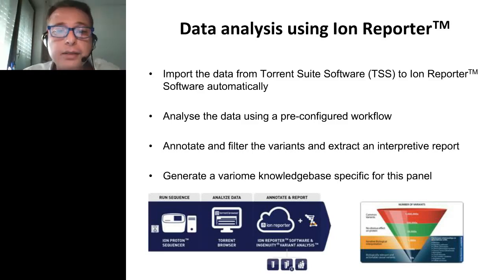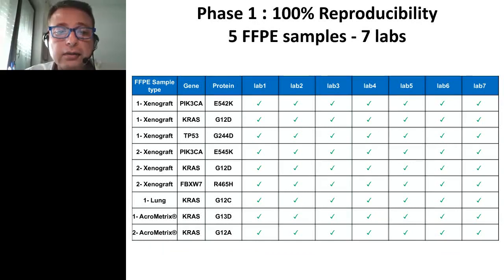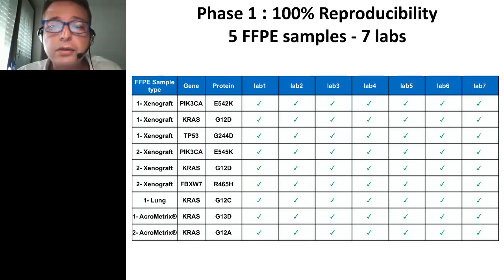In the second phase, each lab, actually 6 labs, received 10 samples that were assessed by another lab of the consortium for the presence of the most common mutations. And again, all the labs were able to identify all the expected variants in these 60 blind samples. In particular, 10 samples in phase 2 were analyzed in my laboratory.